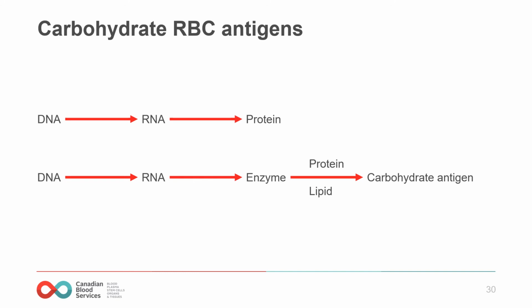And so if your enzyme is defective, your ABO is defective as a result. This makes it really hard for us to predict what the changes will cause, because the reality is if there's a variant in the ABO gene, which is fairly large, it's hard for us to predict how the enzyme will change, because then the enzyme change will also affect the ABO addition onto a protein or lipid. And that's what makes it tricky.